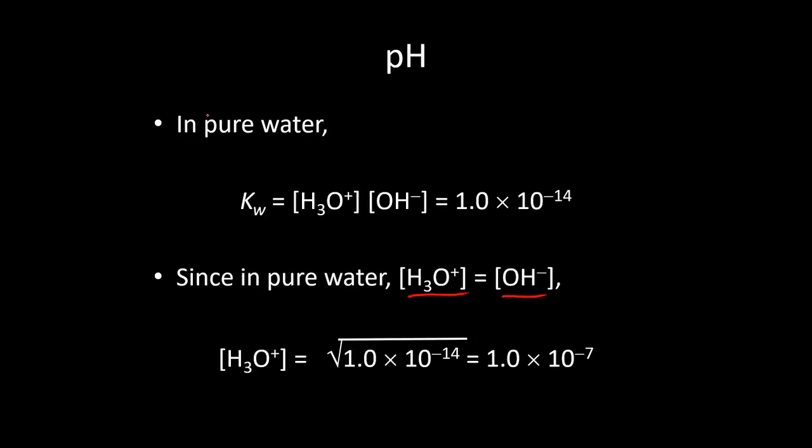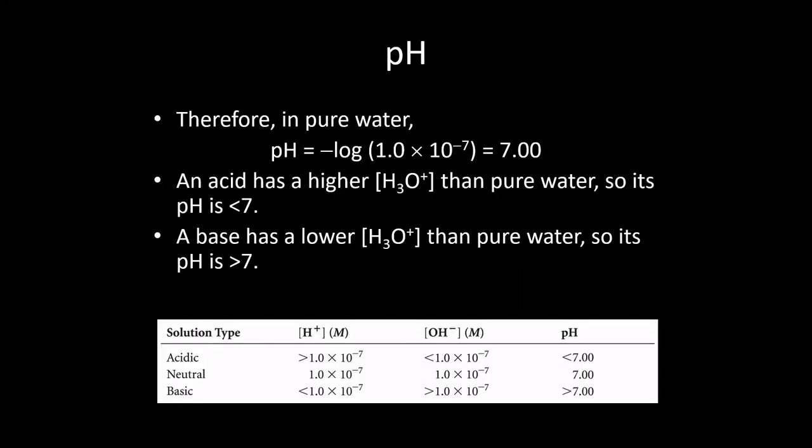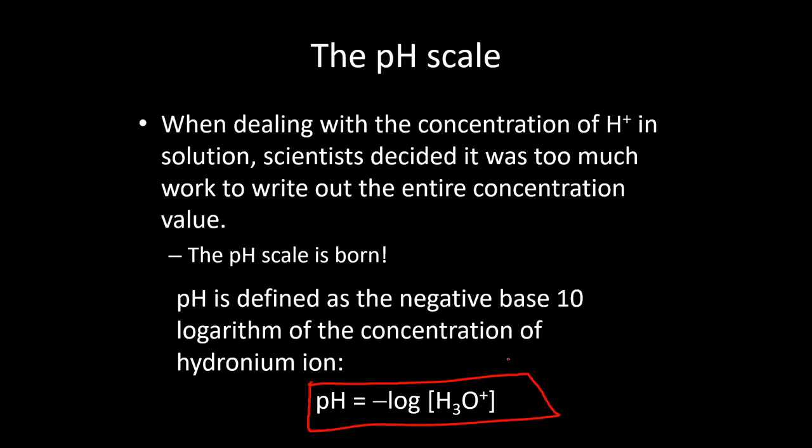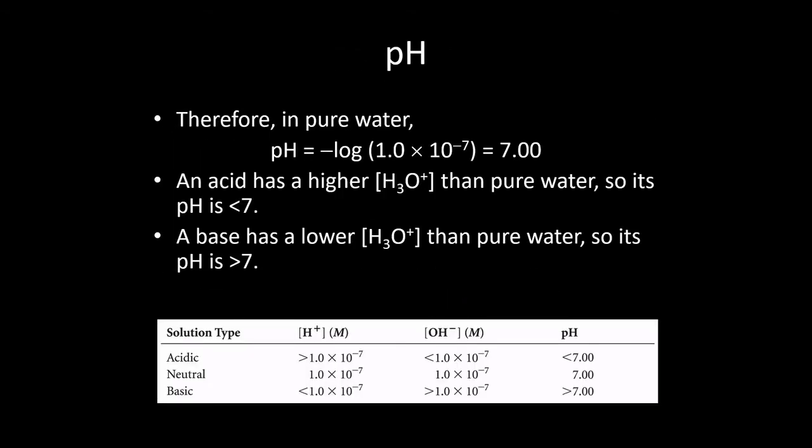So this, where H+ is 1 times 10 to the negative 7, that is neutral. And so if we plug 1 times 10 to the negative 7 into the pH equation, what we get is 7. That negative log base 10 essentially removes all the 1 times 10 raised to the negative, and you're left with just 7.